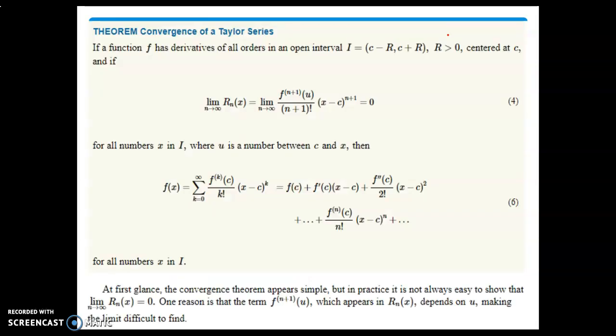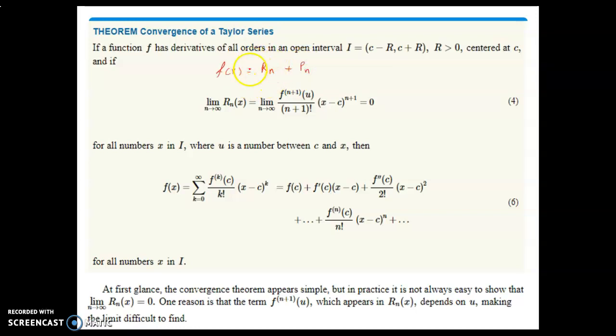Now we want to discuss the convergence of a Taylor series. Any function that has a Taylor series can be written as f of x equals p of n plus r of n.